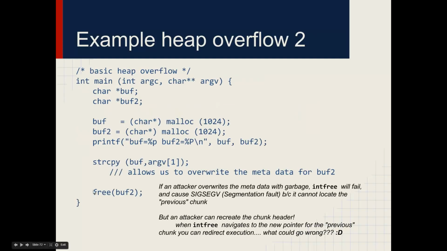Another simple example, always unfortunately using strcpy in this slide, I should change it, but effectively this allows us to overwrite the metadata for buff2 as it grows towards higher memory, and so buff1 will write first, and then any overflows will write towards the next item, so buff2 will get overwritten.